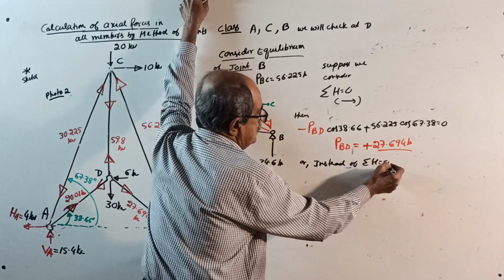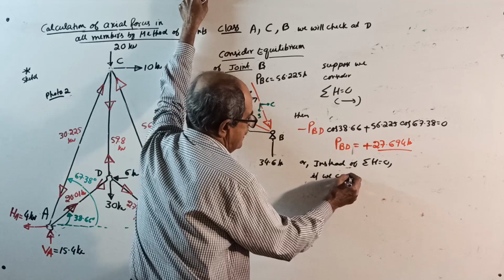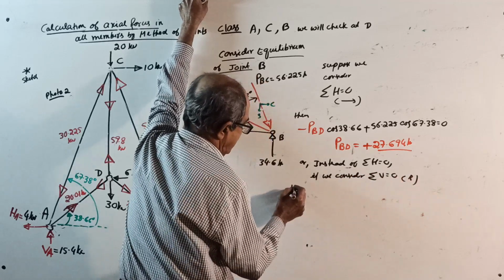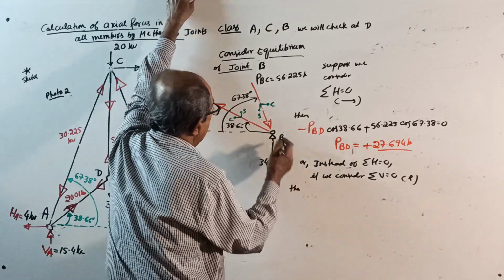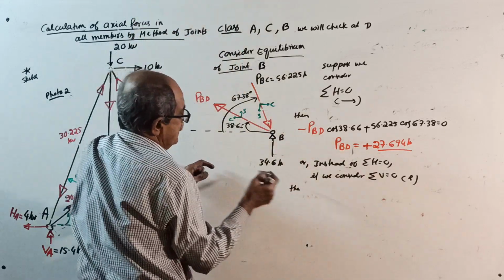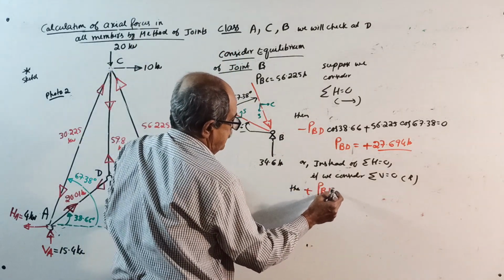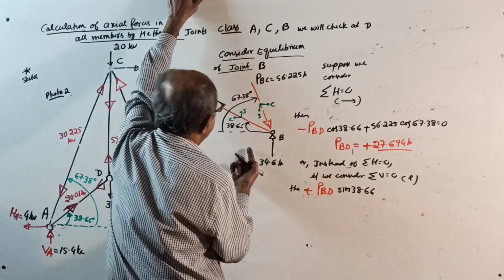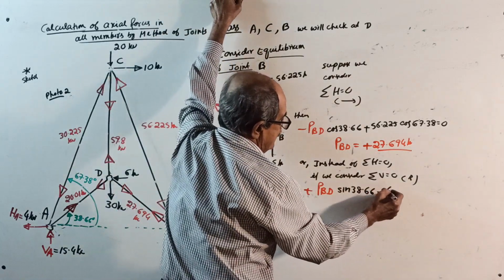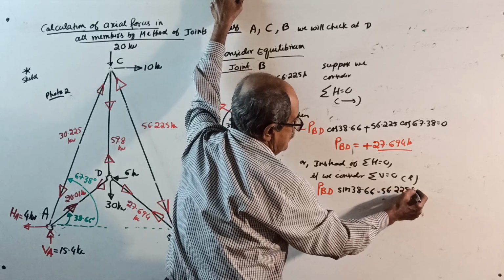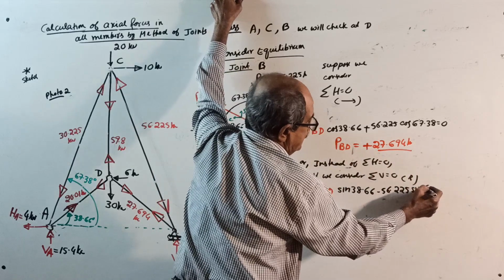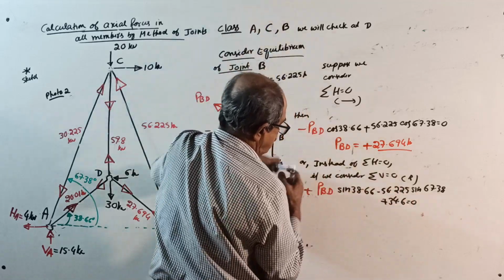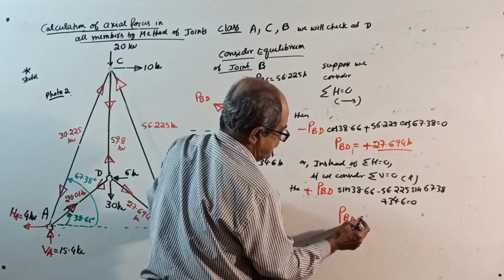Or, just for understanding, instead of sigma H = 0, if we consider sigma V = 0, say upward positive, then what will happen? Plus 35, unknown first, plus PBD sin 38.66 minus 56.225 sin 67.38, then plus 34.6 equal to 0, you will get PBD. Then also you get the PBD answer. Any one will do.